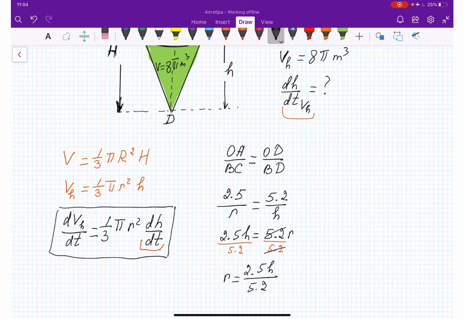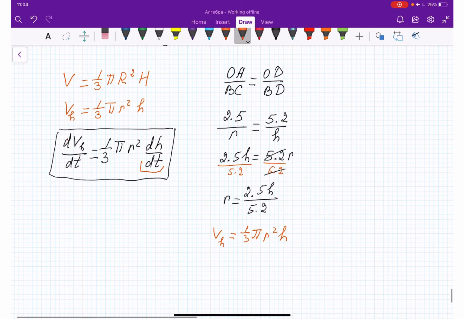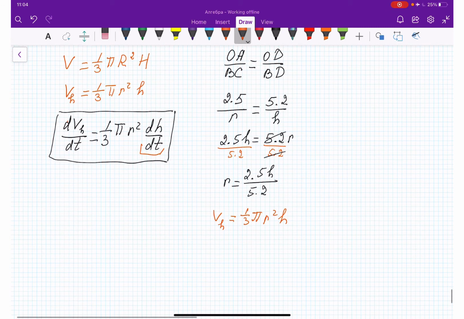Let me write down the formula I'm going to follow. Vh, right? 1/3 pi lowercase r squared h. Okay, so I'm going to substitute this r with the value of r we figured out.